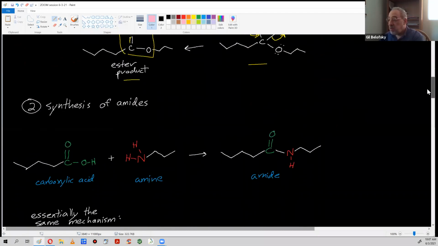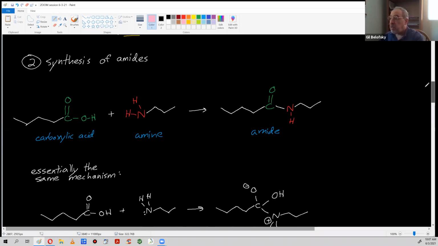The synthesis of amides is pretty much the same deal. We have the same exact setup here. The only difference is the amine group rather than an alcohol. The contribution of the carbonyl group and the rest remains the same. And here we contribute an NH and then the rest of it. So that's where these come from.